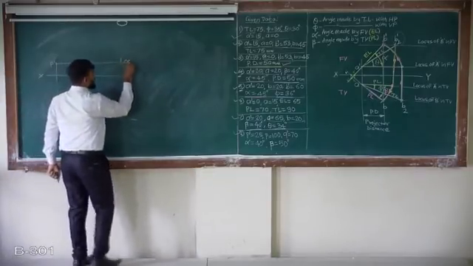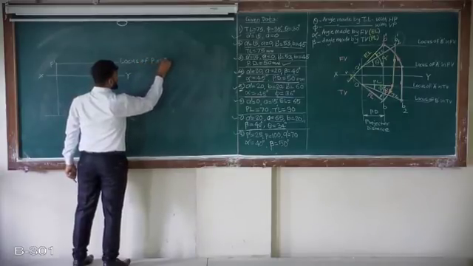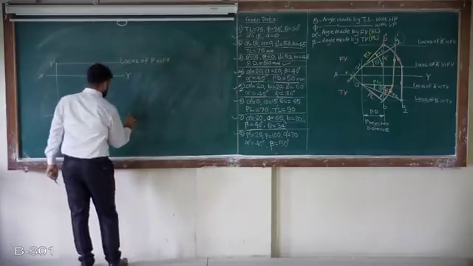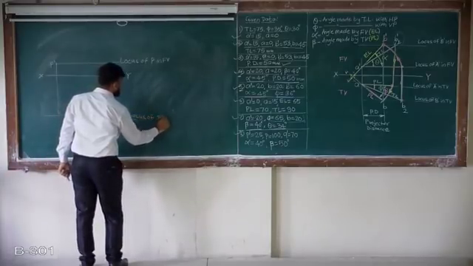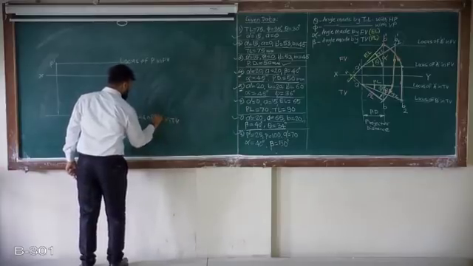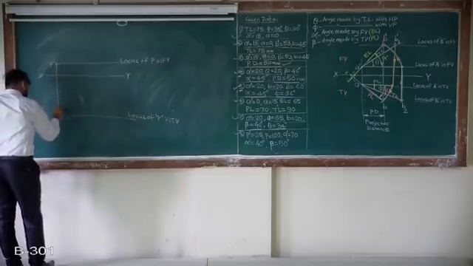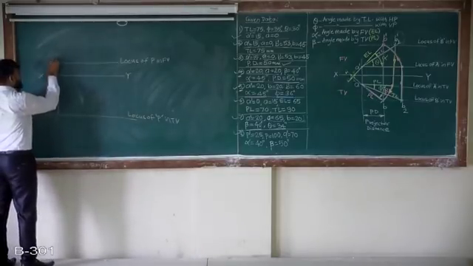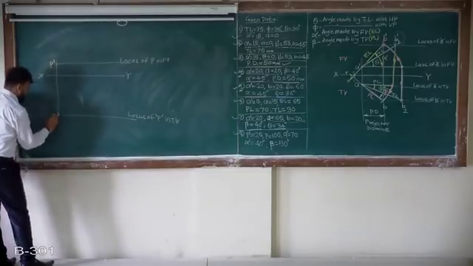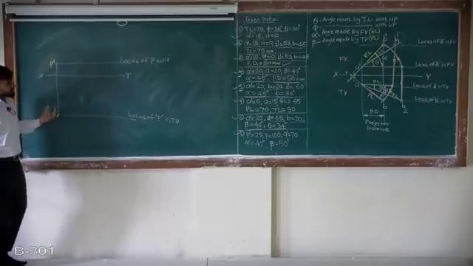So this is the locus of point P in front view, whereas this is the locus of point P in top view. So just by drawing a projector, I will get these 2 points as P dash and this as P. So I know P dash and P.